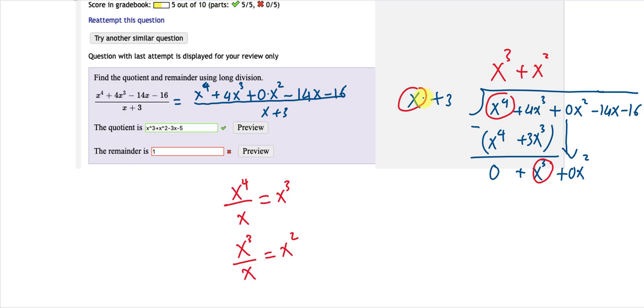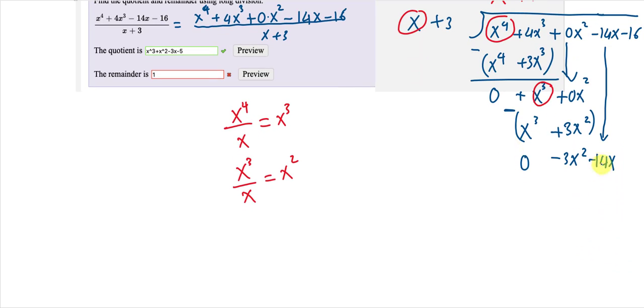Then I take x squared and multiply by x, giving me x to the third power. x squared times 3 gives me 3x squared, and then I do subtraction. x cubed subtract x cubed, that's 0. 0x squared minus 3x squared, so this is 0 minus that, gives me minus 3x squared. And then carry down the next term, which is minus 14x.